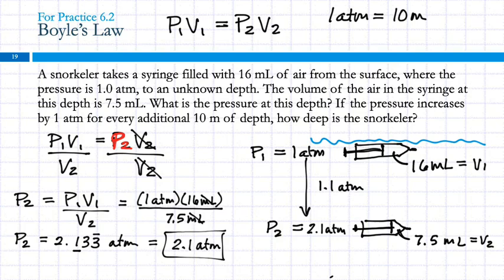I'm going to change colors here so it stands out a little better. So we had an increase of 1.1 atmosphere, and that relationship tells me that I'm going down 10 meters for every 1 atmosphere. And so the snorkeler must be 11 meters under the surface of the water.